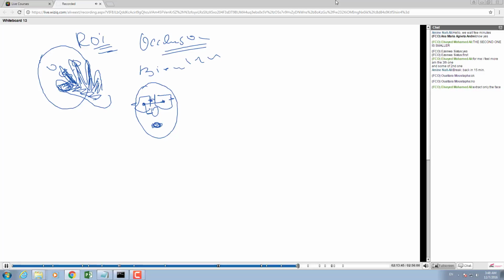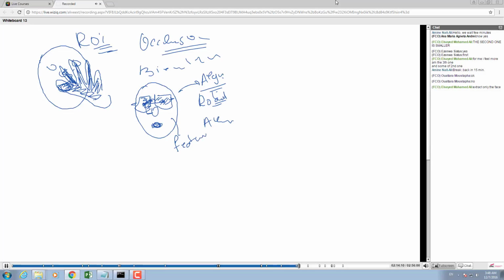Glasses, for example. If this person is wearing glasses, what will be the problem? The problem is that if our algorithm consists in measuring distances between the eyes and the nose, it will be a problem. So this is occlusion.